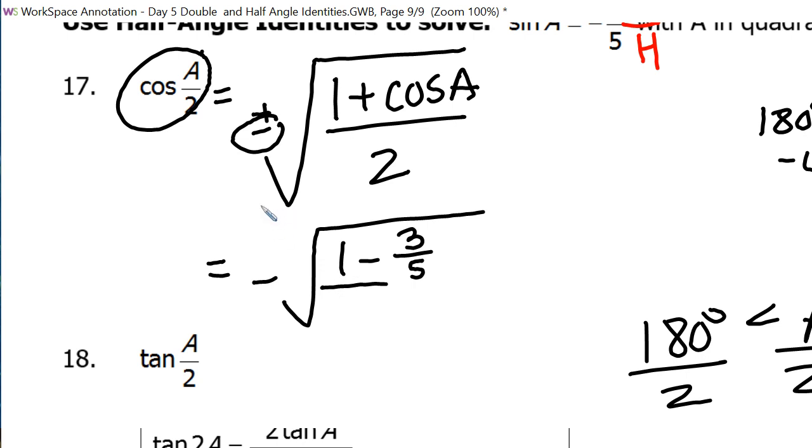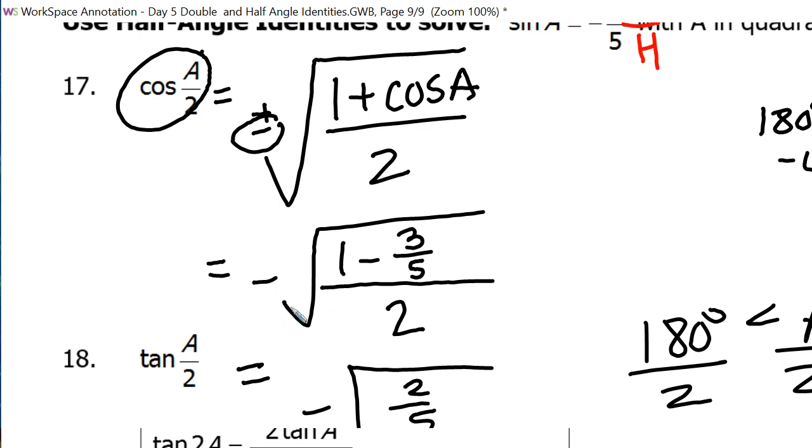And in the denominator we will have a 2. Now, instead of 1, I'm just going to think of this as 5/5. So what is 5/5 minus 3/5? 2/5. Needs to be cut in half. And what's half of 2/5? Half of 2/5 would be 1/5.